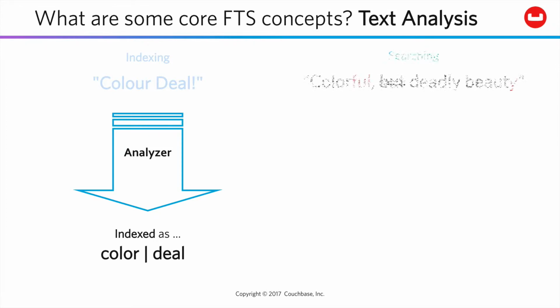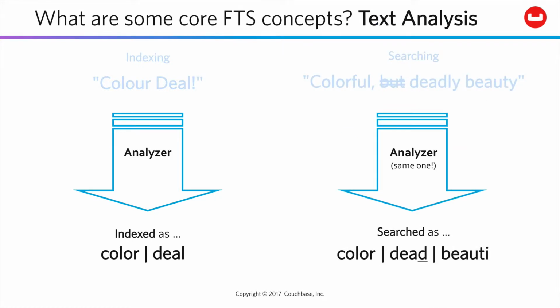But that means if later I'm searching for the phrase colorful but deadly beauty, then I normally need to analyze and process it in the same way. So I run my search phrases through the exact same analyzer. In this case, I'd end up matching the index term color to the search term color.